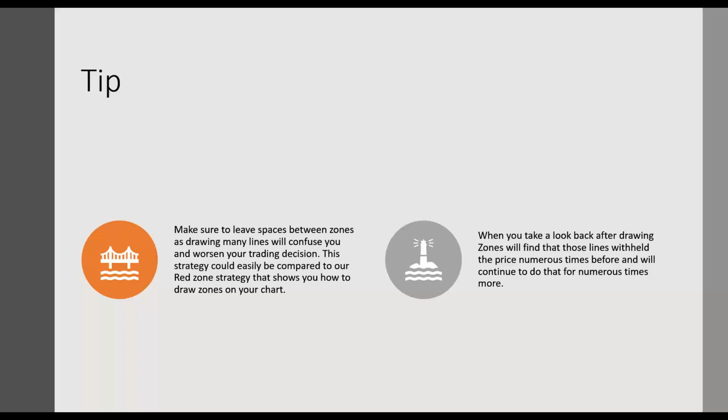So make sure to leave spaces between zones, as drawing many lines will confuse you and worsen your decisions. This strategy could easily be compared to our red zone strategy that shows you how to use and draw zones on your charts. When you take a look back after drawing zones, you will find that these lines withheld the price numerous times before and will continue to do so numerous times in the future.